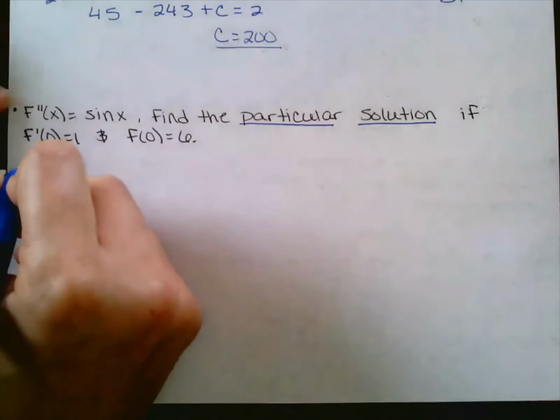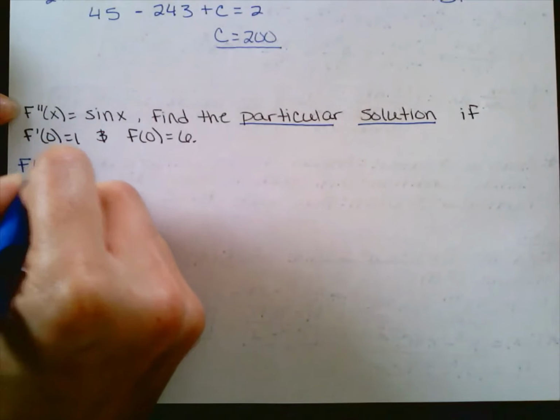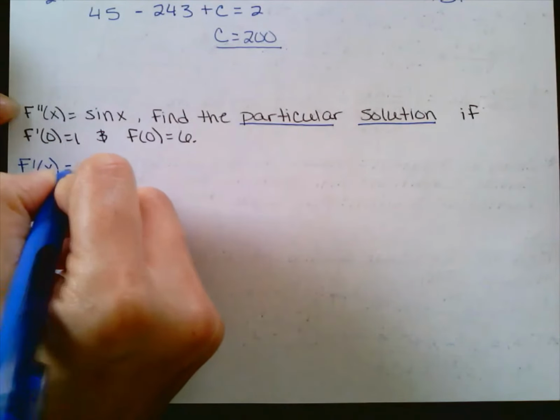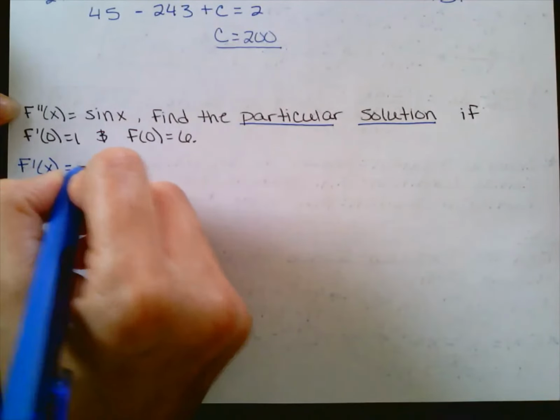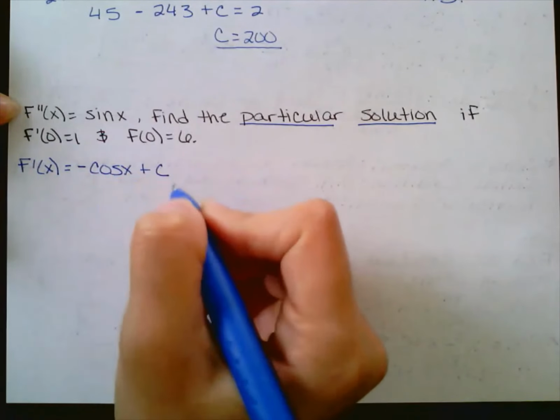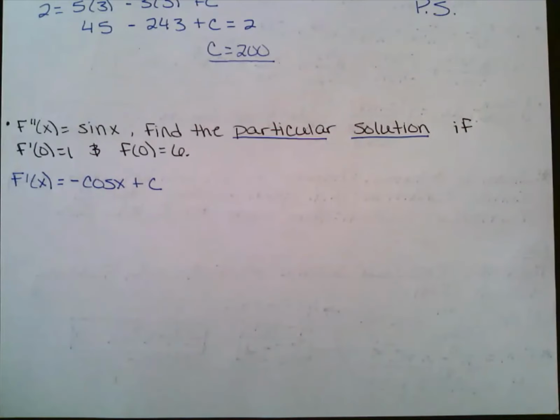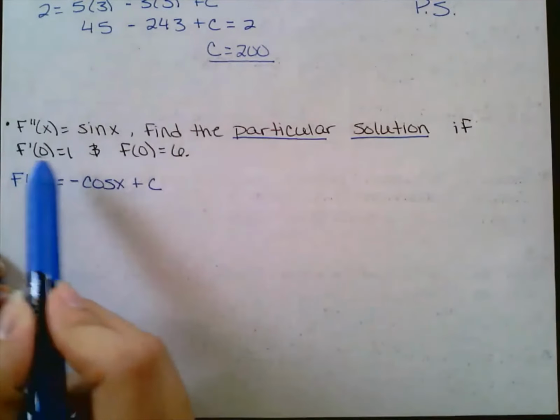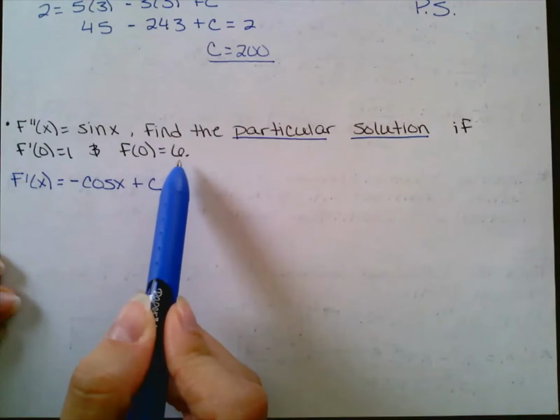So if I had this as f double prime, f single prime, doing the antiderivative once takes me to a negative cosine of x plus c. Next, I'm going to plug in my initial condition. Now I have two of them. I have 0, 1 and 0, 6.